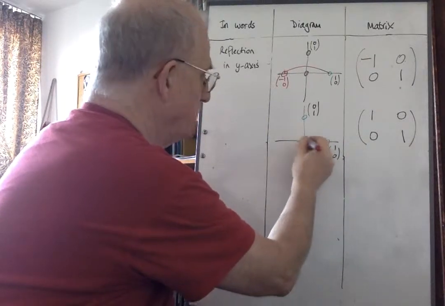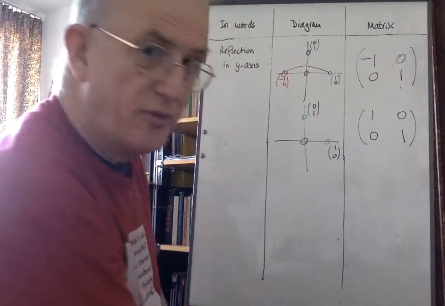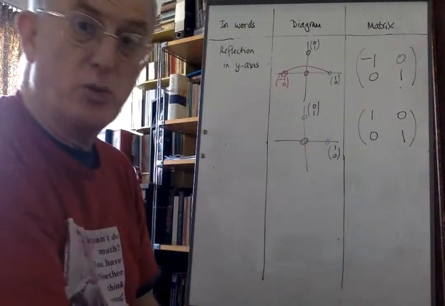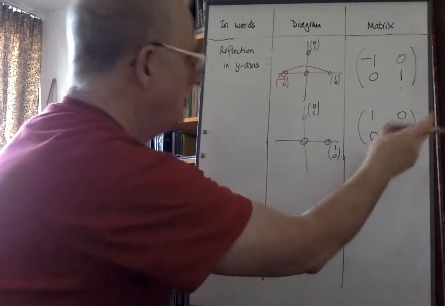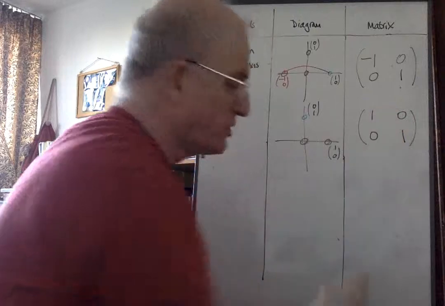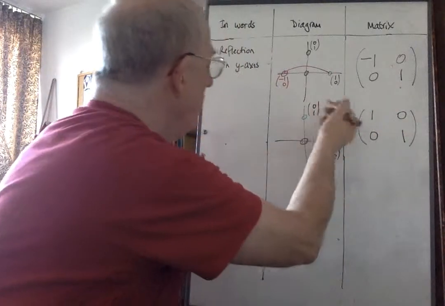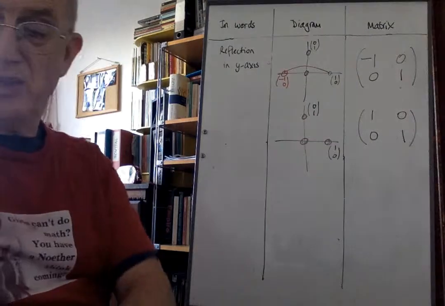The origin stays where it is, as it always does. 1, 0 goes to the point described in the first column. The point described in the first column is 1, 0 again, so this one stays where it is. What about the second point, 0, 1? That goes to the point described in the second column, which is 0, 1 again. So that stays where it is. So all 3 points stay where they are.